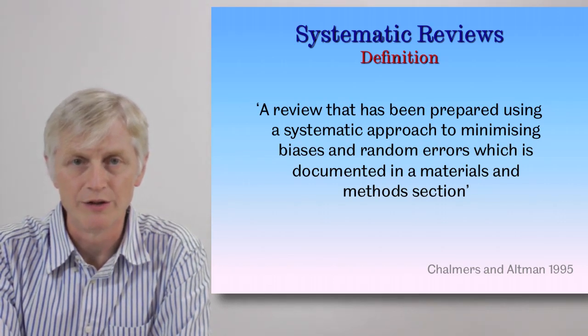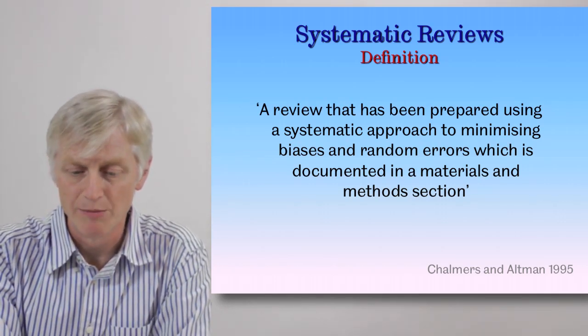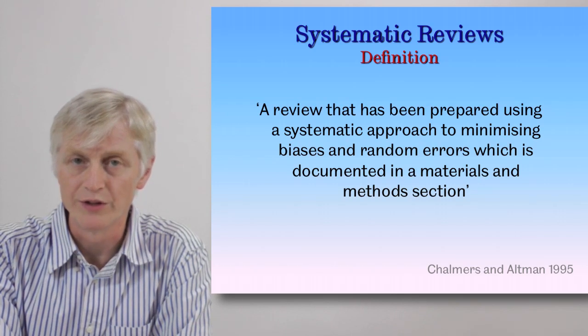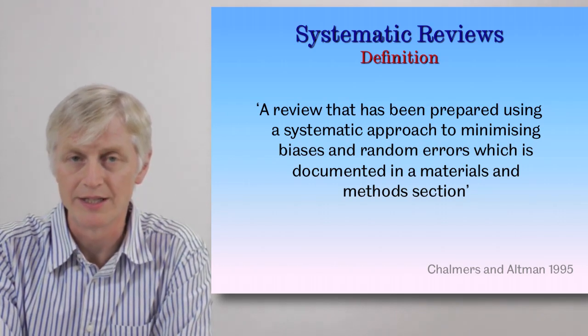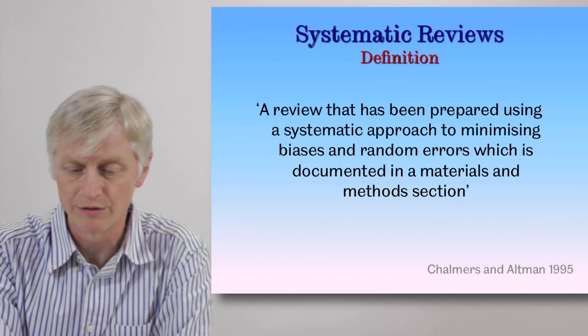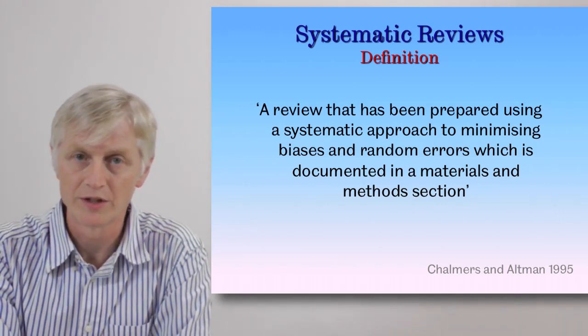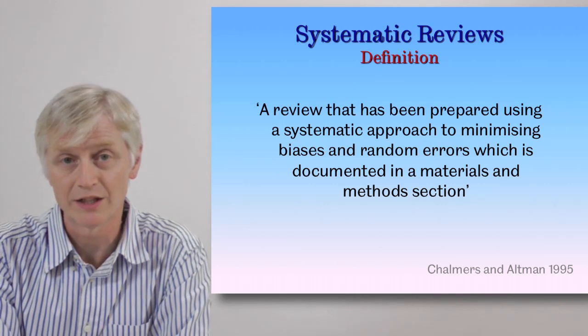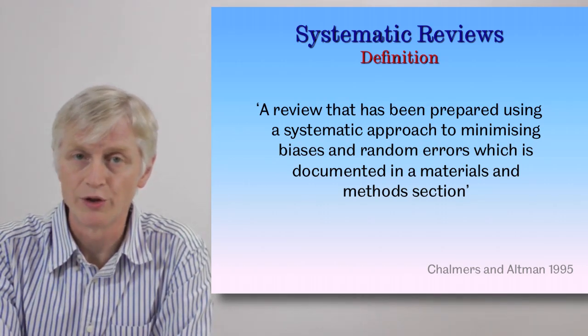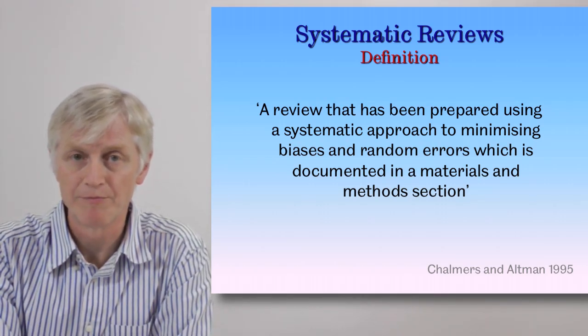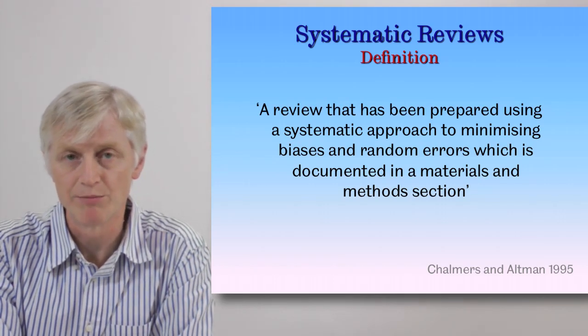This meant that you were unsure about how authors had found the data that they were including in the review, how they decided to include studies in their review or exclude studies. And you were not sure whether they were just choosing articles that supported their point of view.